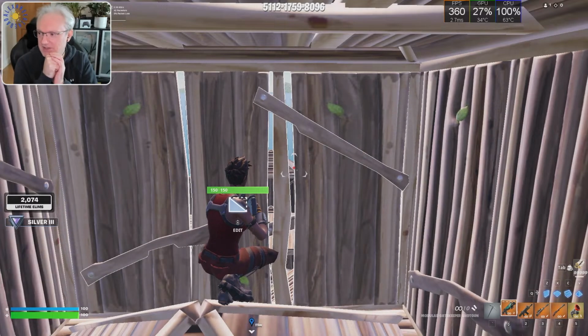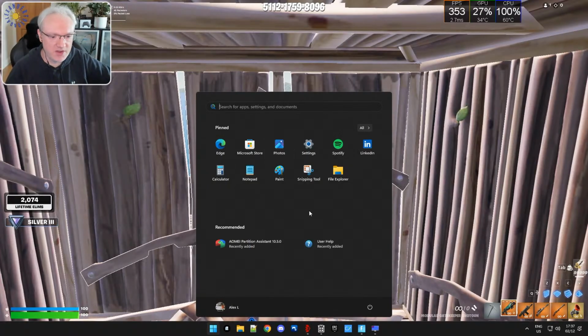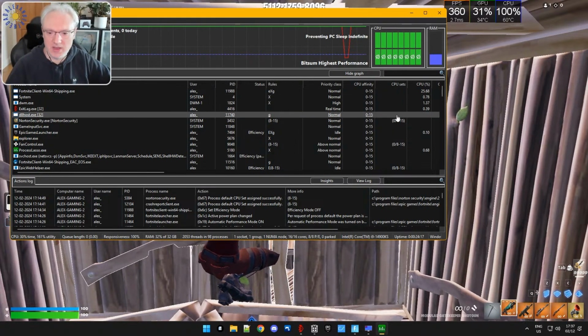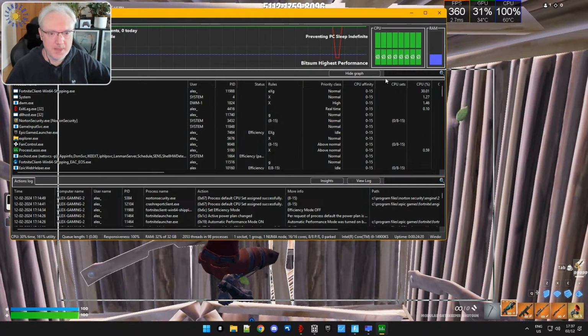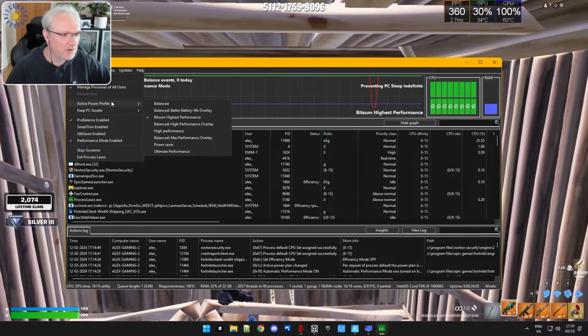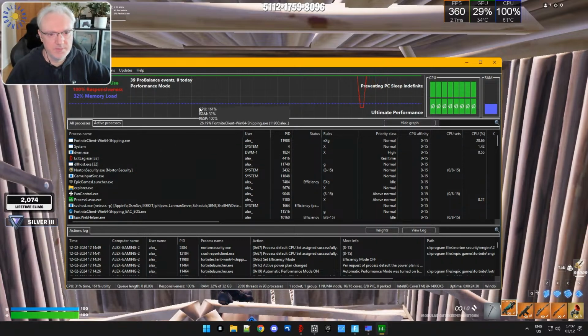The E-cores make DX12 go. Do they? I don't think I'm running much of E-cores right now. I turned half of mine off. Oh, it's difficult to tell because I'm not. Let me go into a different power profile. Let me go into Ultimate.